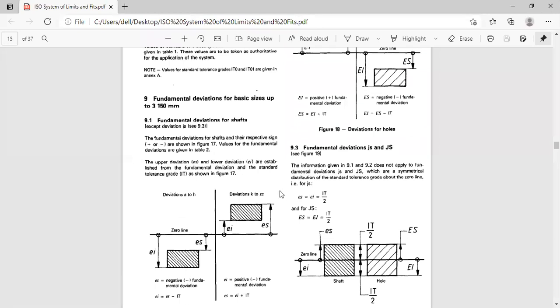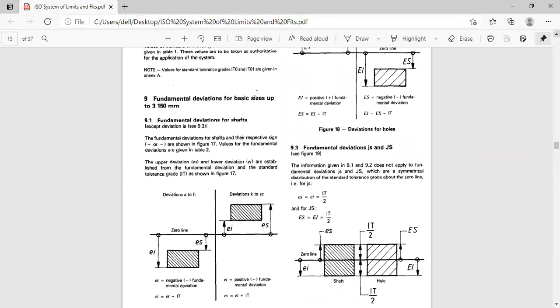The upper deviation is ES for the shaft. It is below the zero line, and the lower deviation is EI. Here he has shown how he is representing the particular letters. The lower deviations for the alphabets K to ZC are individually shown here.